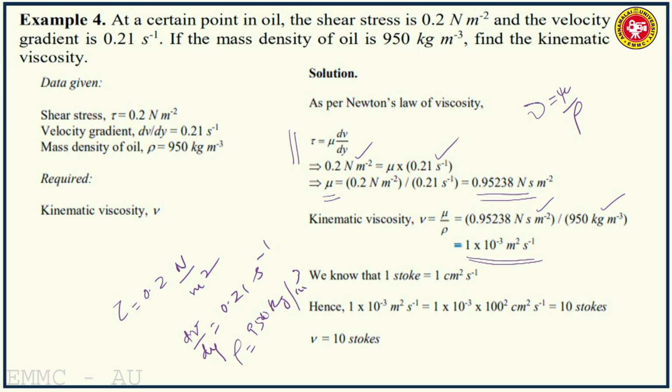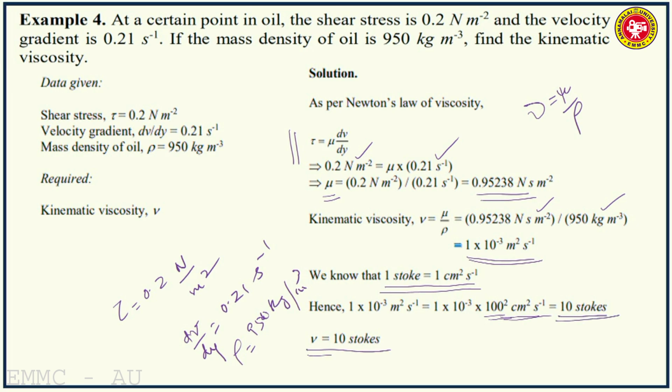So we can also express kinematic viscosity in stokes. We know 1 stoke is equal to 1 centimeter square per second. So let us express 10 power minus 3 meter square per second in centimeter square per second. That will be, meter square means it is 100 square centimeter square. So this becomes 10 power minus 3 multiplied by 100 square centimeter square per second, which comes to 10 stokes.